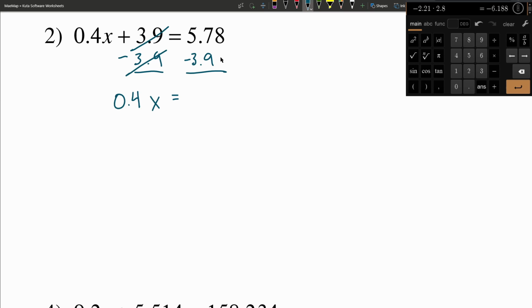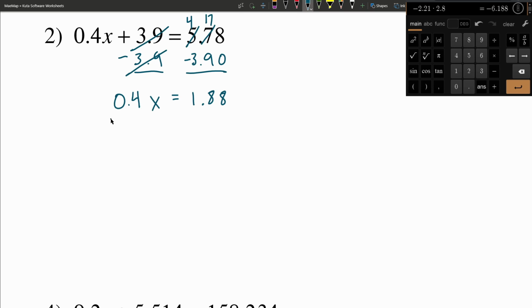Well, since we already have these decimals lined up, let's go ahead and just subtract. 8 minus 0 is 8. 7 minus 9, we can't do that, so let's borrow. This will become a 4. That 7 goes to 17. 17 minus 9 is another 8. Keep that decimal in line. 4 minus 3 is 1. So we have 0.4x equals 1.88.